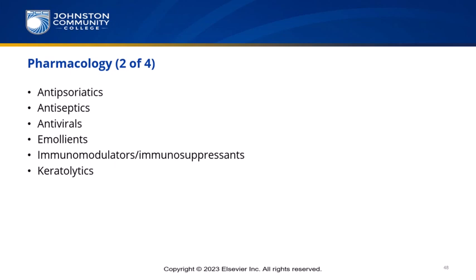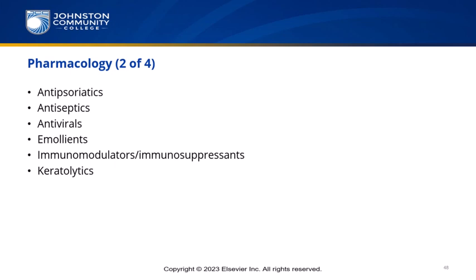Antivirals are drugs that are designed to decrease the effect of viruses, such as Valtrex. Emollients are topical substances that soften the skin, such as Lubriderm. Immunomodulators or immunosuppressants are agents that suppress the body's immune system. Elidel and Protopic are examples of drugs that are used to treat atopic dermatitis and eczema.